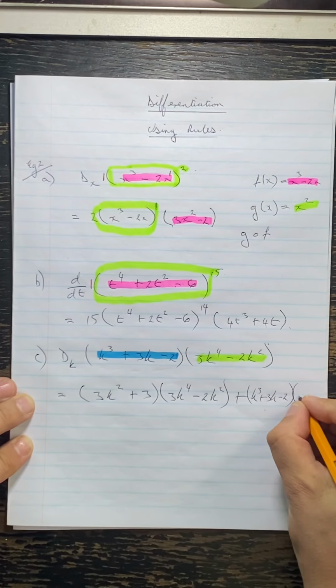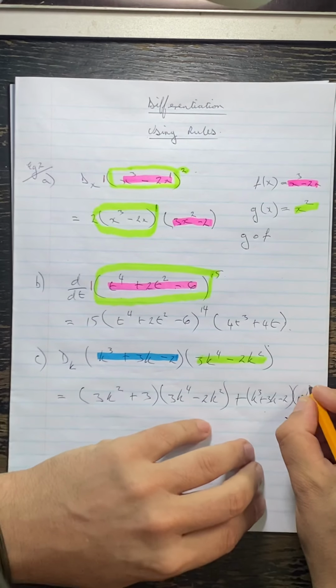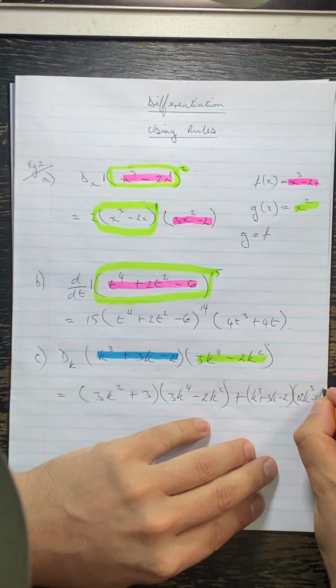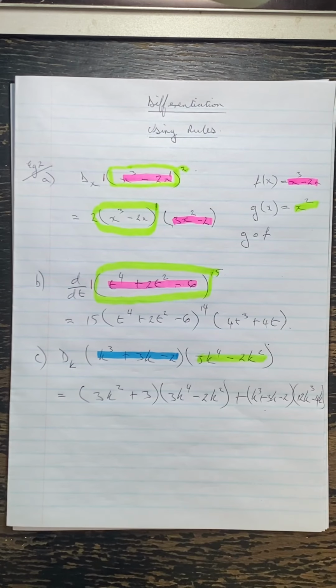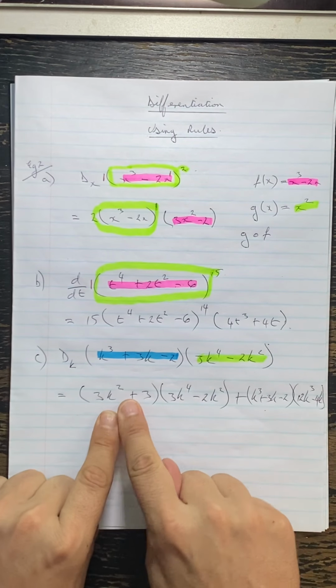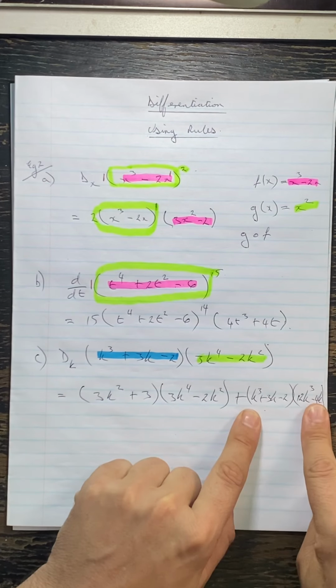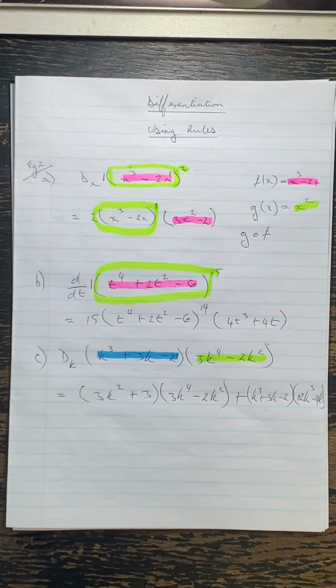So we get here 12k cubed minus 4k. All right, so differentiate the first, keep the second, plus keep the first, differentiate the second. And that is your product rule.